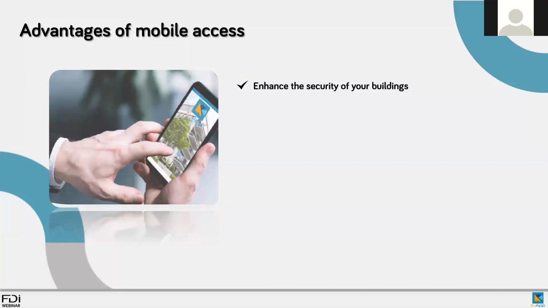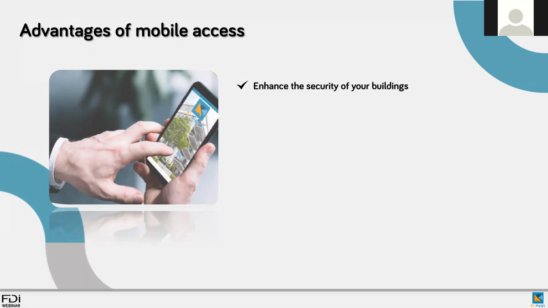First of all, because the Bluetooth communication between the mobile phone and the readers is all encrypted. And also because a user will never share his smartphone, while sometimes when he forgot his proximity credential, he might ask somebody else for his proximity card.